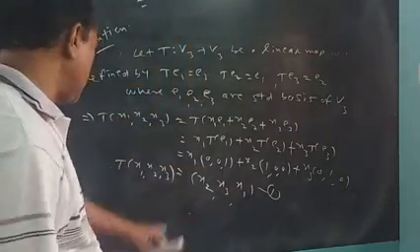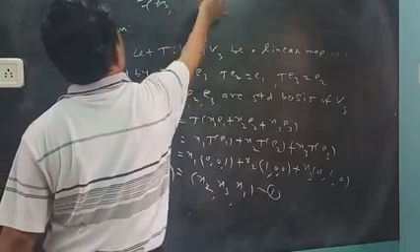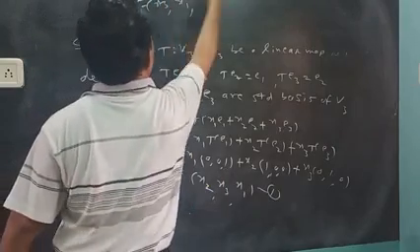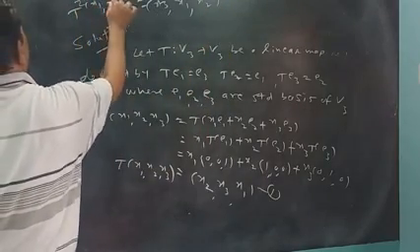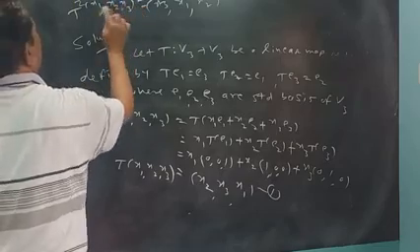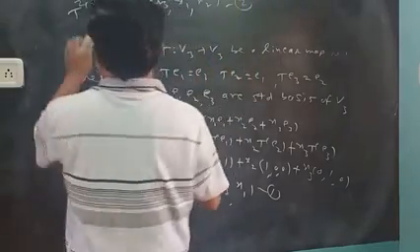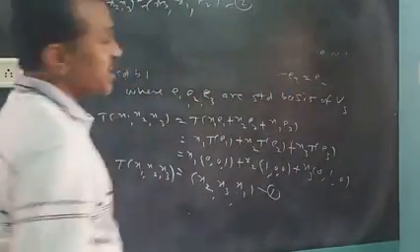What is T of that? Cyclic rotate: x3 comes here, x1 comes here, and x2 comes here. So this is your T square.